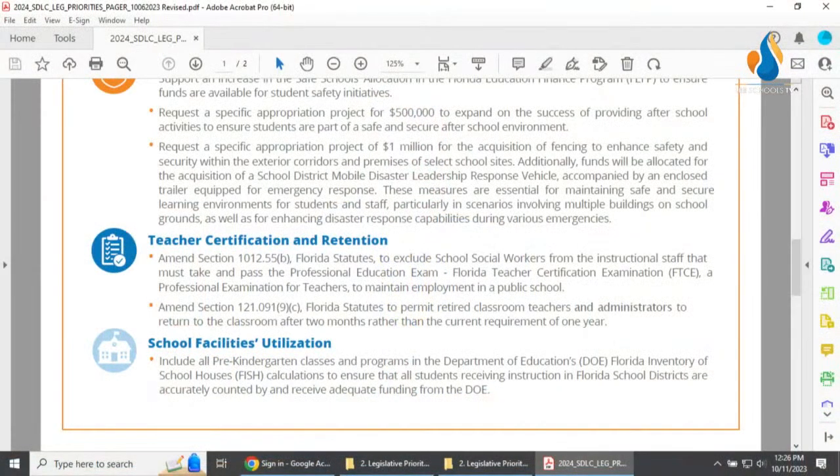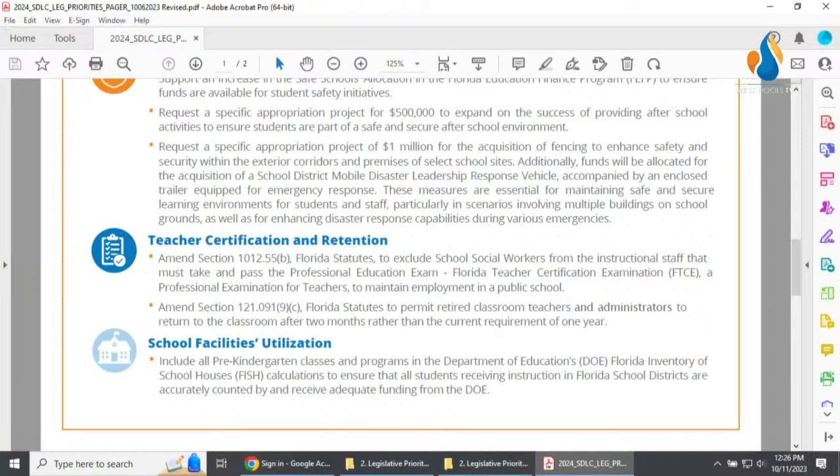In regards to teacher certification and retention, you guys are familiar with these. The social workers, and I made sure to ask this question because a couple of you asked me: wasn't this something that we found out last year that the social workers didn't need? In fact, they do need it.